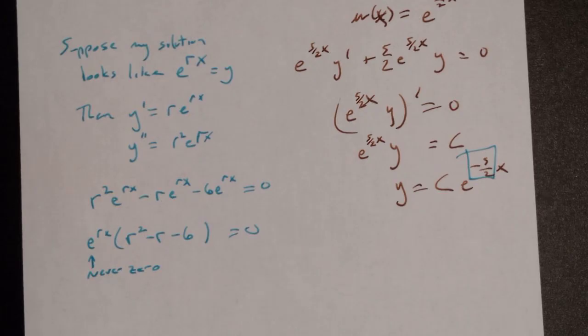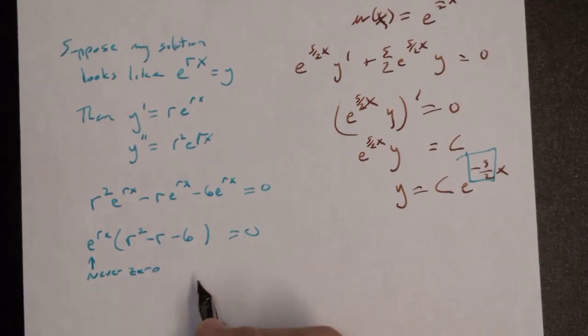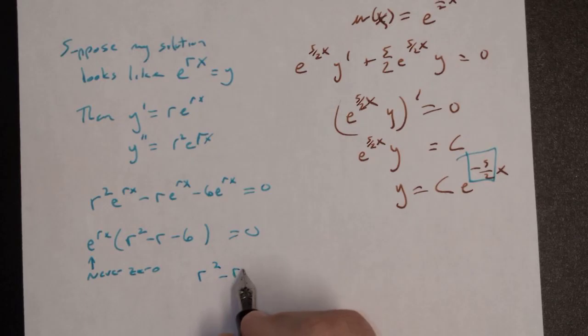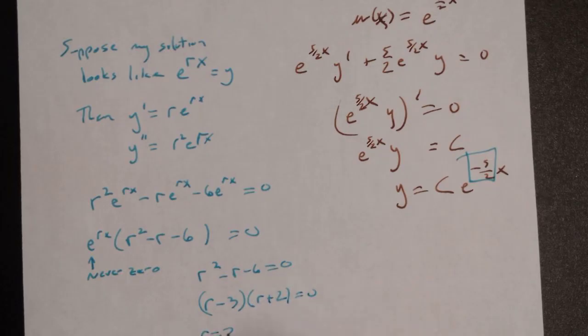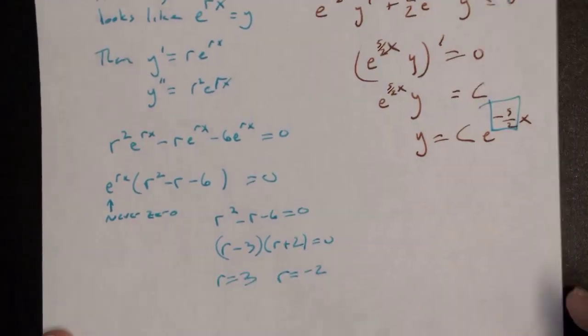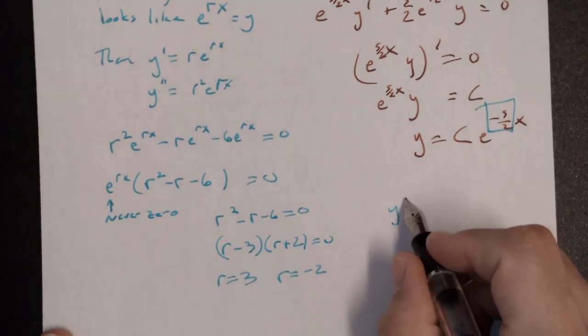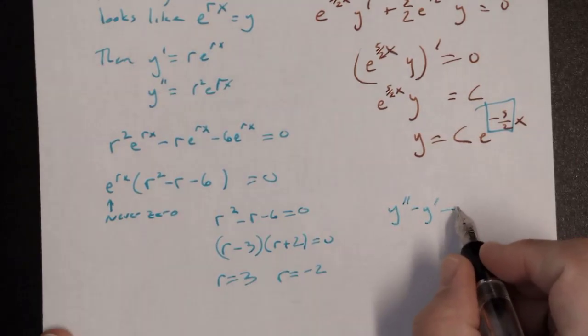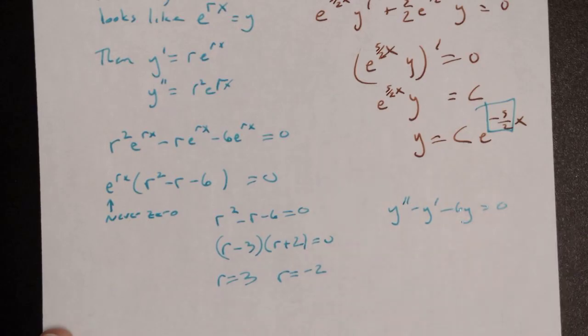What are the values of r that make this work? Remember, the differential equation is y double prime minus y prime minus 6y equals 0.